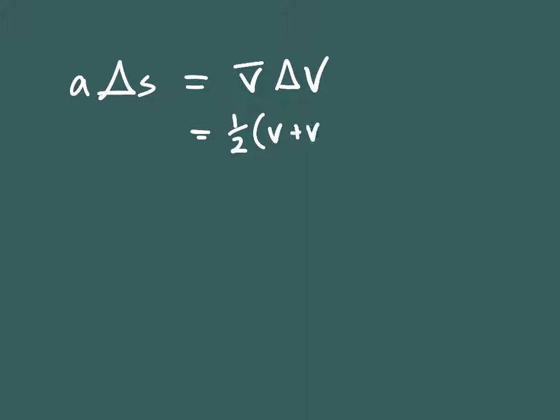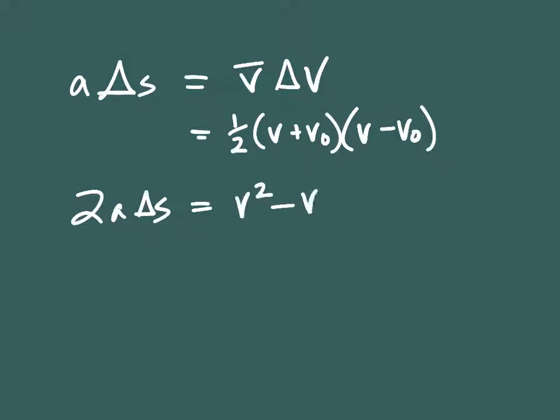is instead of a delta s equals v bar delta v, what they do is they expand this out. So hopefully you recognize that this bit right here is where this comes from.